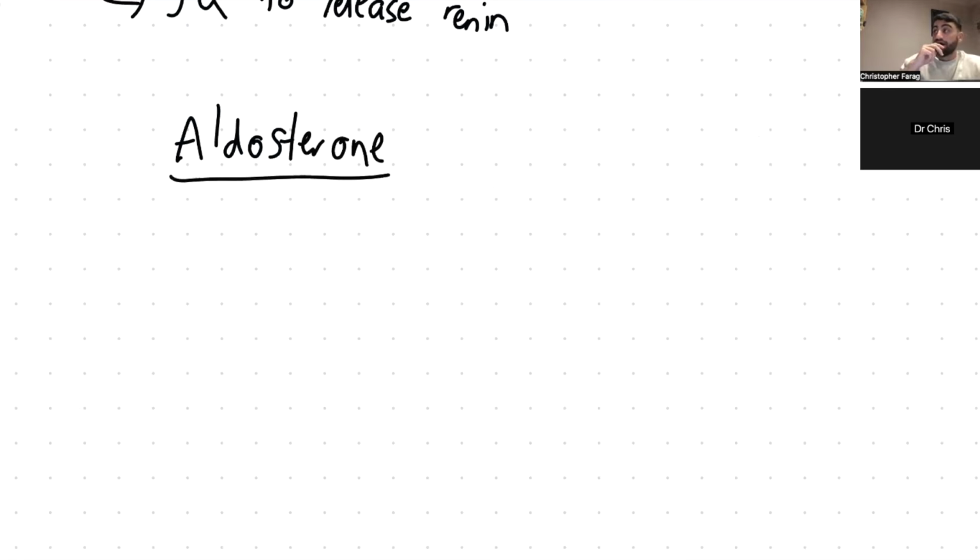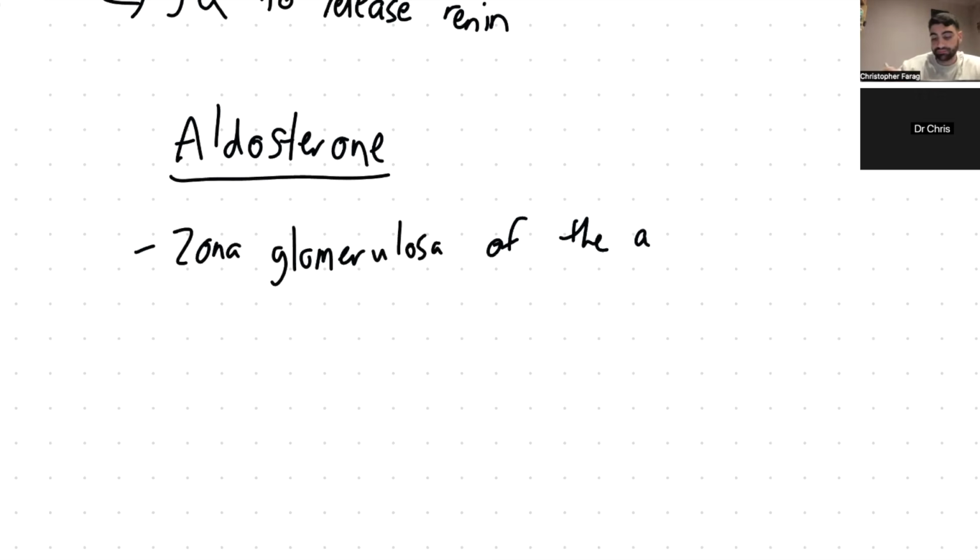Aldosterone is released from the zona glomerulosa of the adrenal cortex, the endocrine organ sitting on top of the kidneys, particularly in the cortex layer.